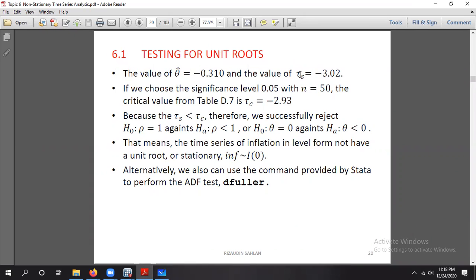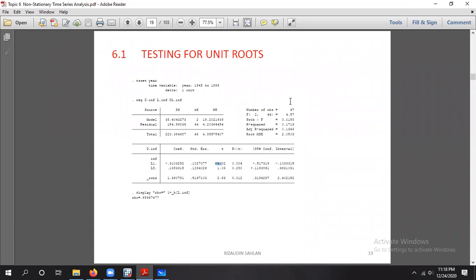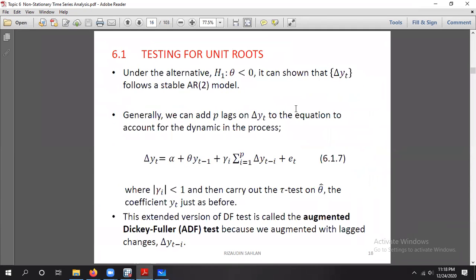Look again at the tau statistic. At 5% it is negative 3.02 and negative 2.02, because the number of observations is 47. Put this one in the data.